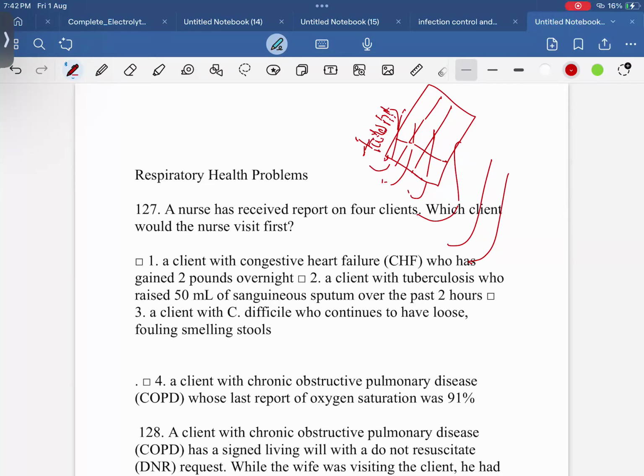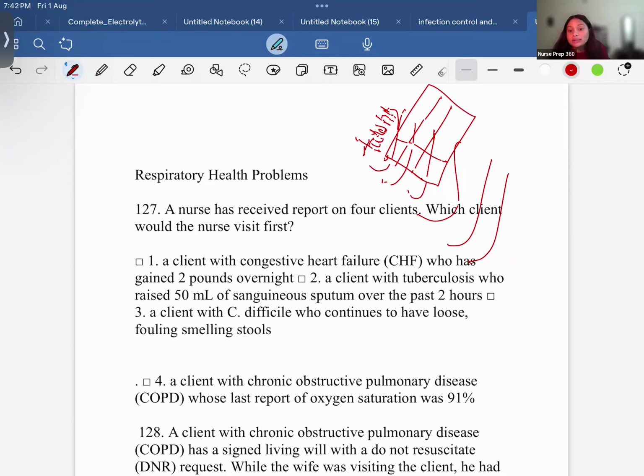COPD. Very good. Who said COPD? Shashikala, very good.